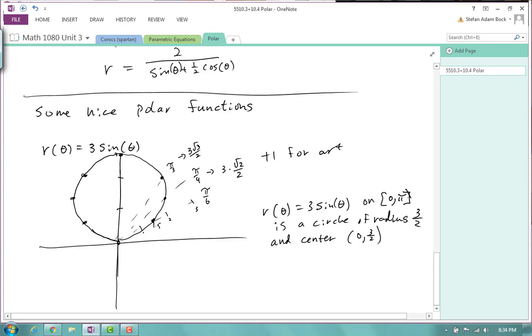But what will happen if I go past pi, then my sine values are going to be negative. And so I'm going to have a similar reference angle down in this direction, but I'm going to have a negative radius, so it's going to point back over here. So on pi to 2 pi, r of theta equal to 3 sine of theta will retrace the points on 0 to pi.